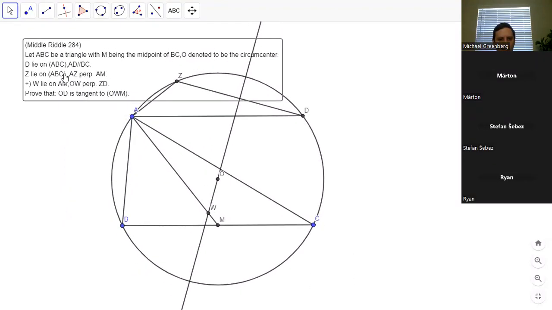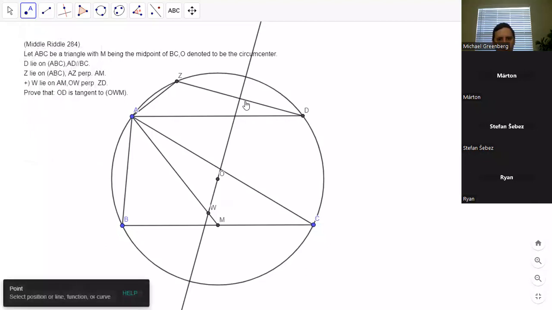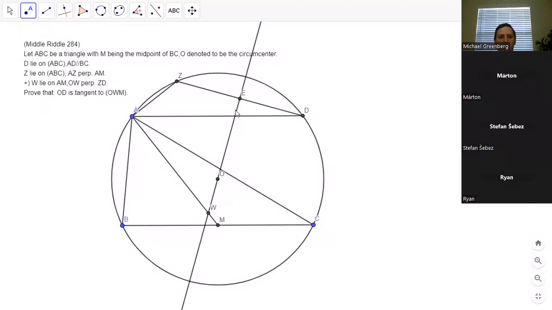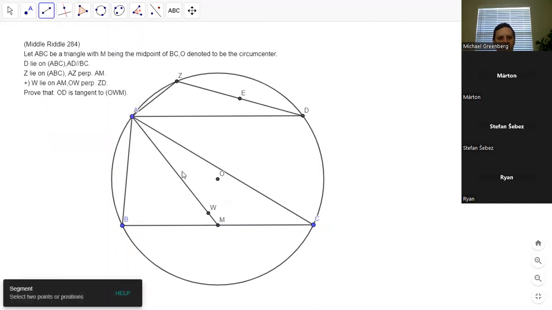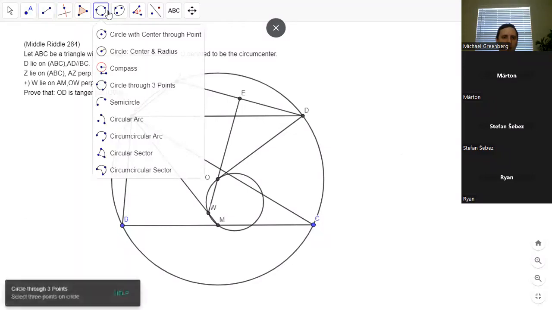All right. Let's draw this. So this is going to be the midpoint of ZB. It's perpendicular. And we want to draw OWM. And we want to show OD is tangent to it. So we want to use that this is a right angle. I could draw. So yeah, we have a cyclic quad here, right?